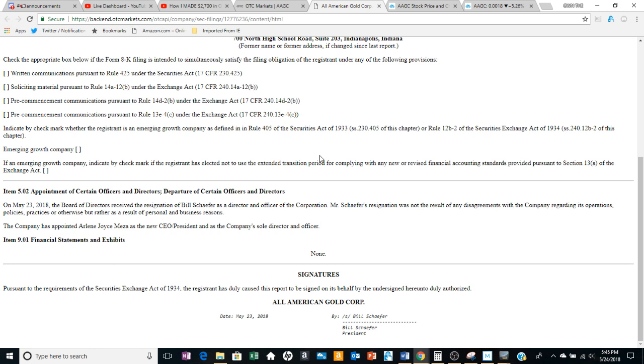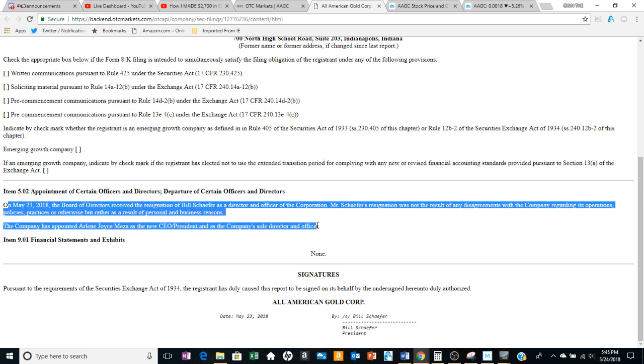And whenever there's a major change within the company and they have to put it out in the form of a PR, they also do this 8K filing. So in this 8K, Bill Schaefer was the CEO, and he has since resigned, and they appointed Arlene Meza as the new CEO.